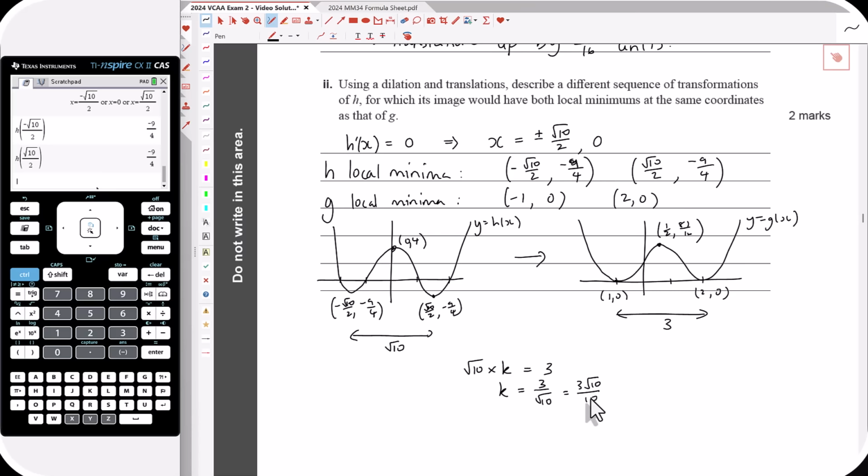Yeah, so once we've done that, because the distance between them is now going to be 3, this should move into being at negative 1 on 2, and this should move into being at positive 1 on 2. No, not half, sorry, 3 on 2. So those are at negative 3 on 2 and positive 3 on 2.